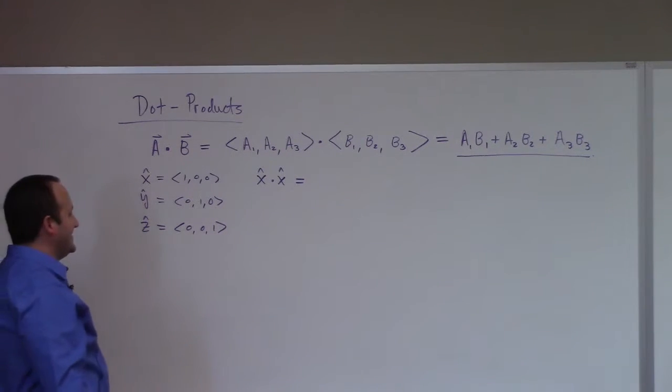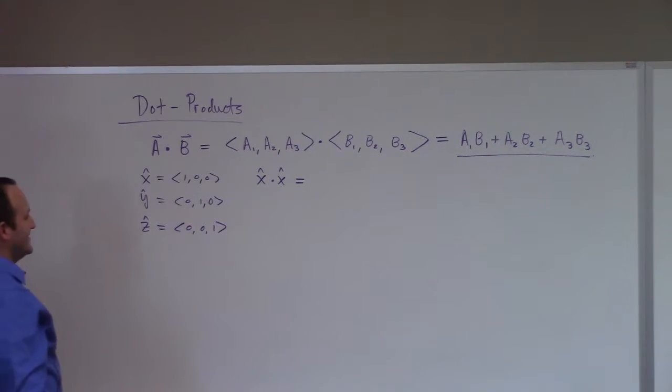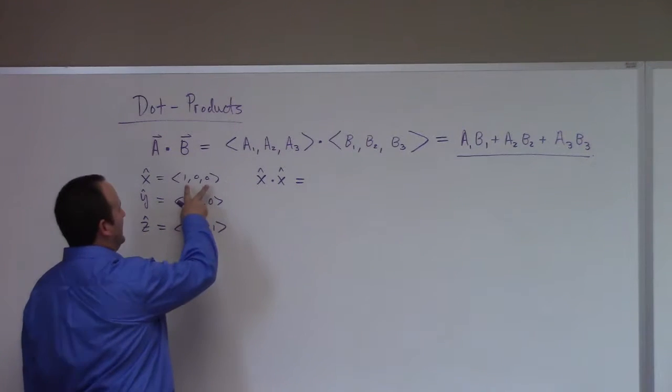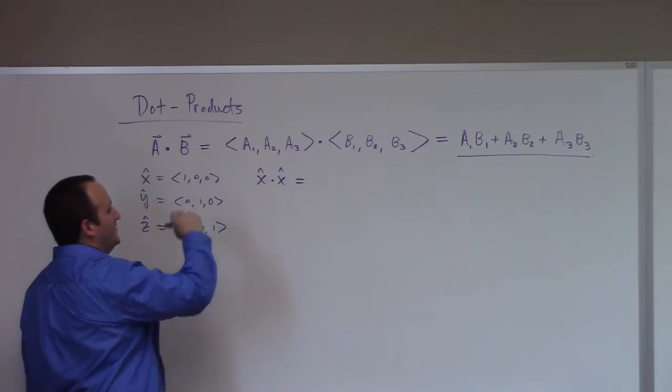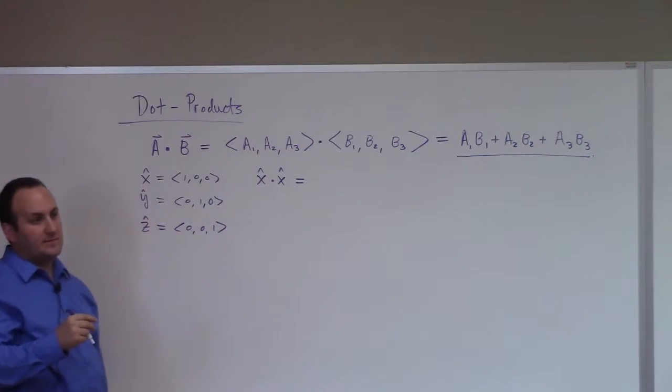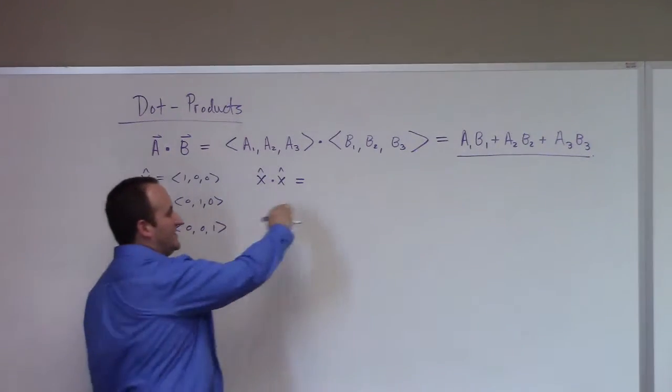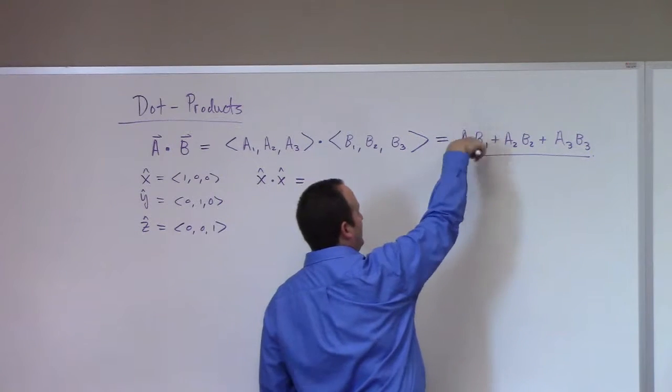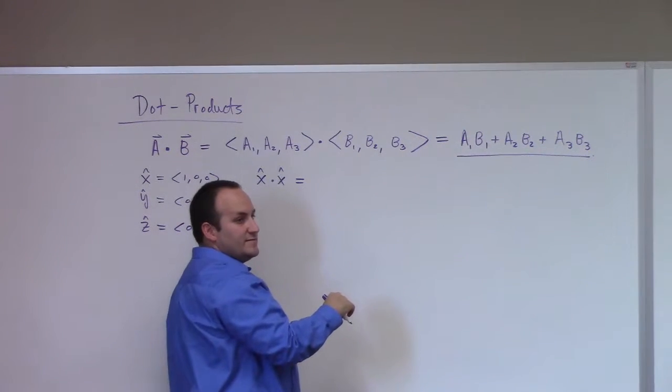Think about this: A1 and B1 are both equal to 1, and A2, B2, A3, B3 are all 0. Applying the definition, the only thing that survives is A1 B1, which is 1 times 1, which is 1.